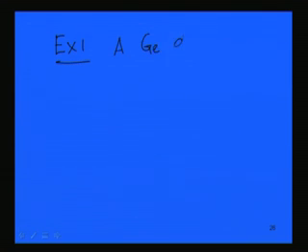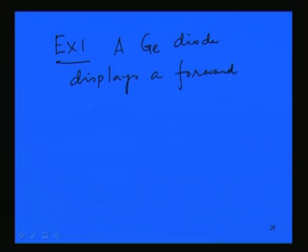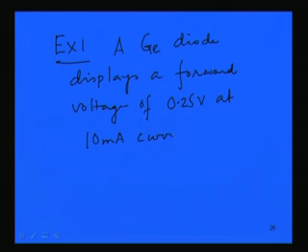A germanium diode displays a forward voltage of 0.25 volt at 10 milliampere current at room temperature, which is 300 degree Kelvin. Standard room temperature is taken at 300 degree Kelvin.